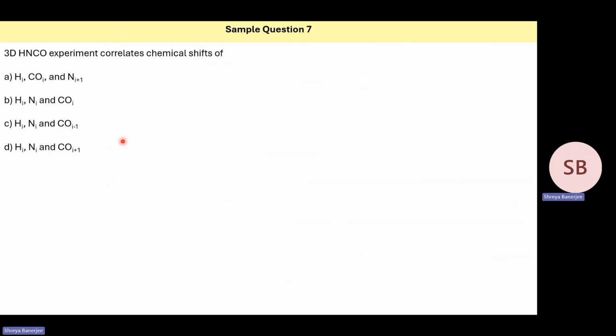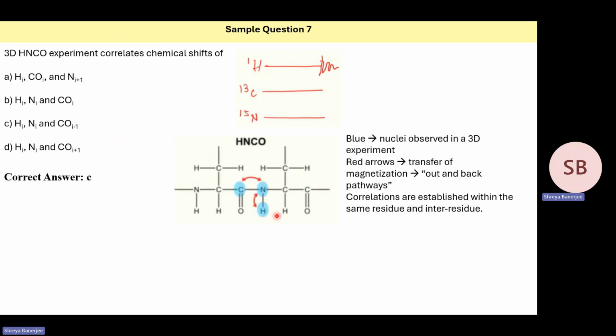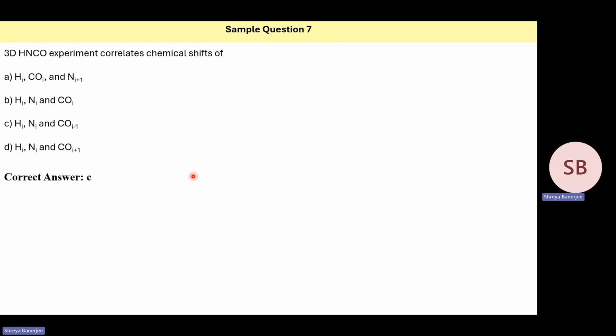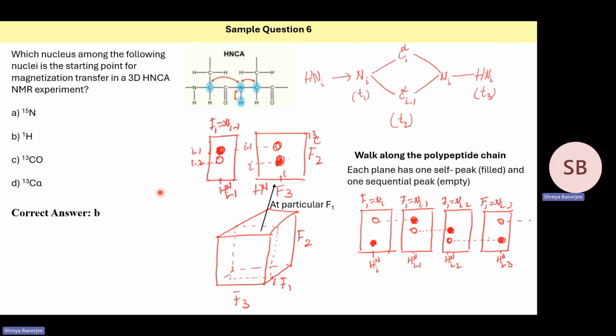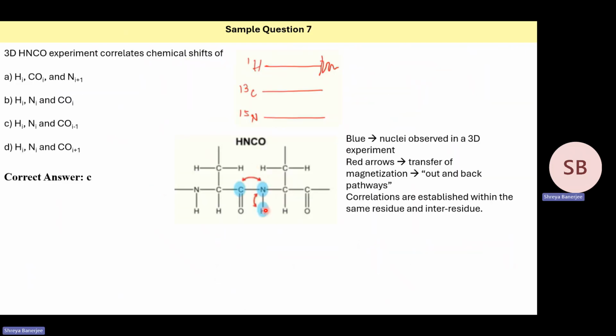Then you have a similar question for the 3D HNCO experiment. It is asking, HNCO correlates chemical shift of what? So HNCO is similar to the HNCA experiment. What happens? From amide proton, it goes to amide nitrogen. From amide nitrogen, it goes to the carbonyl carbon of the previous residue.